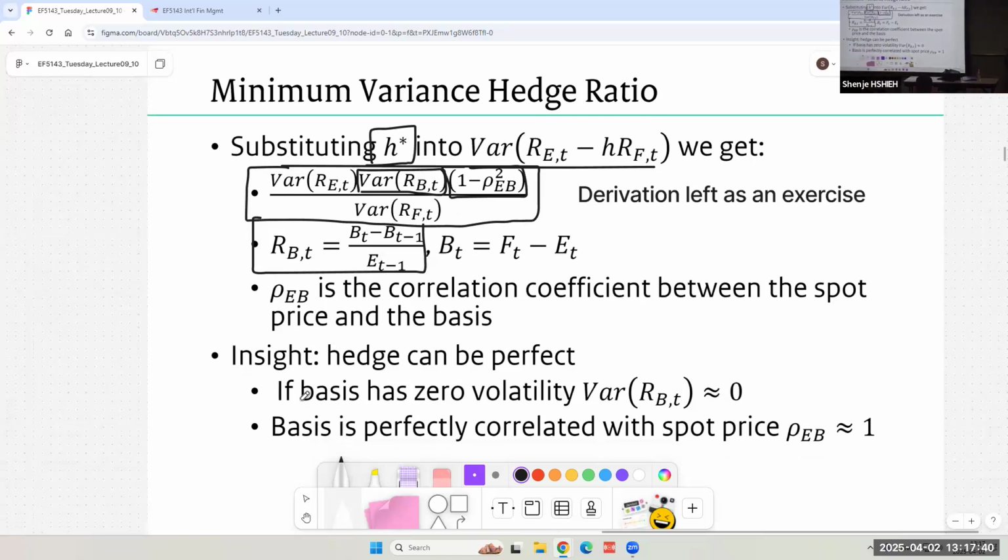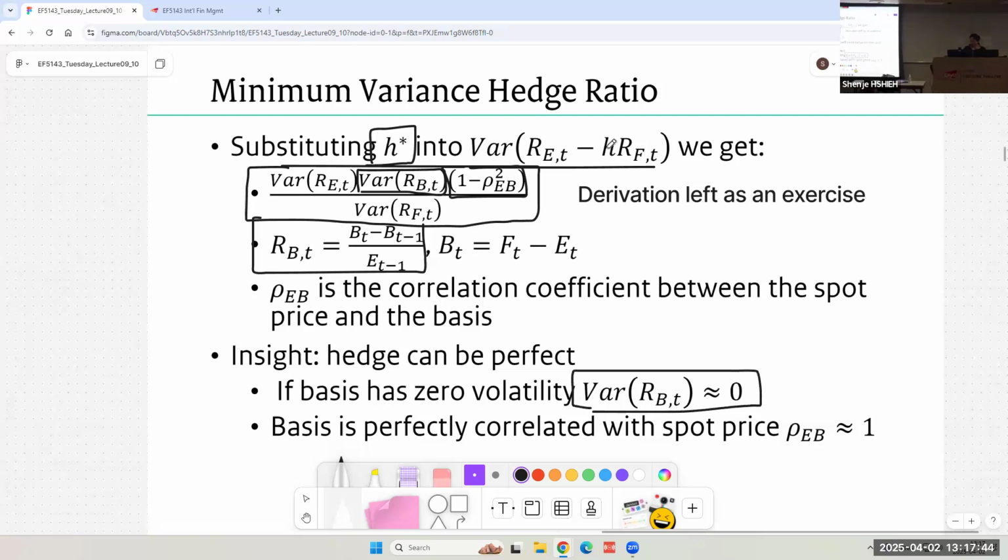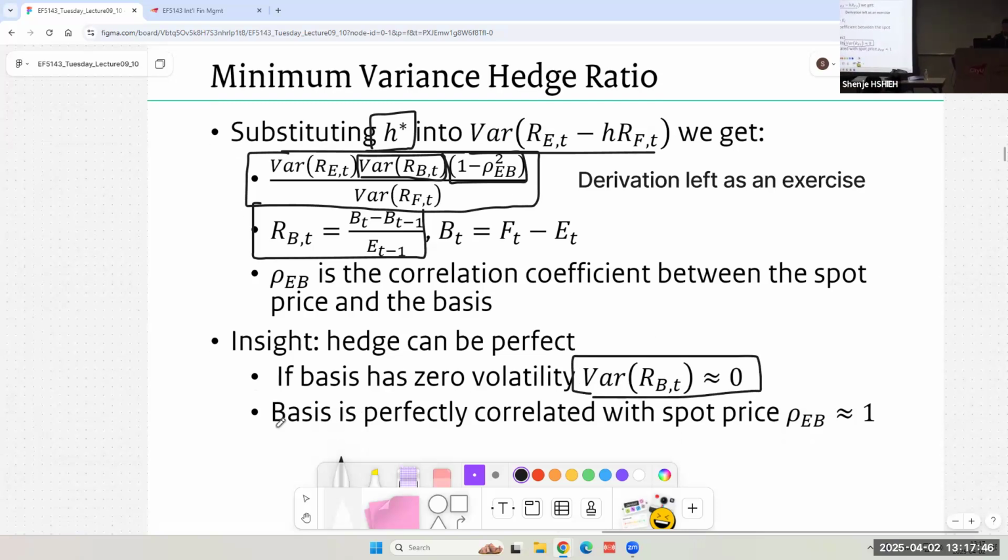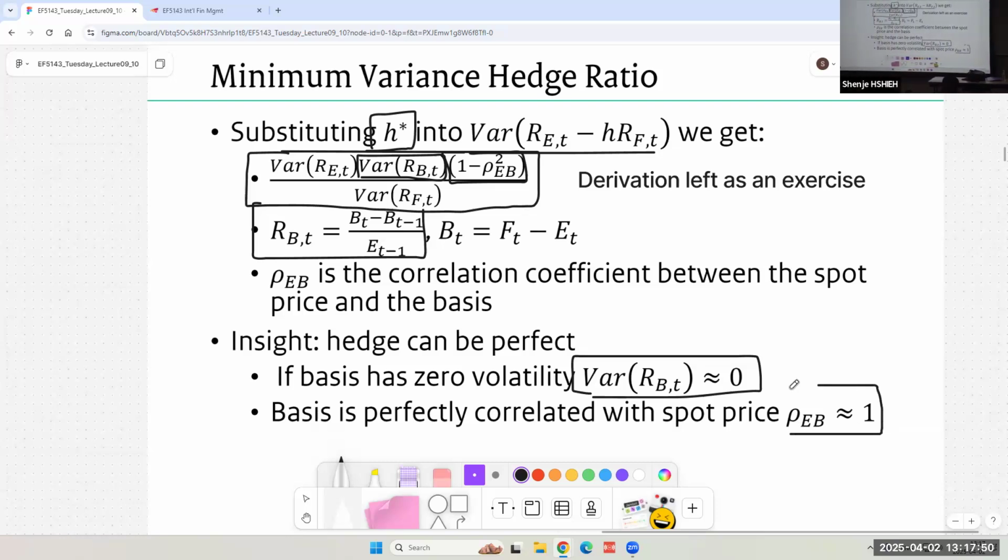All right. So if the basis has 0 volatility, you can get a perfect hedge, going to 0. Or the basis is perfectly correlated with the spot price, in which the correlation coefficient is almost 1. But if you look at the data itself, you can see that this is impossible. You can never see this in reality.